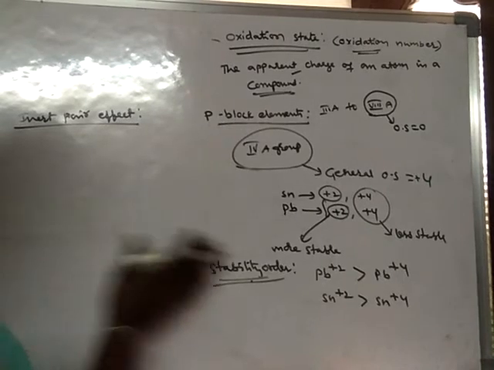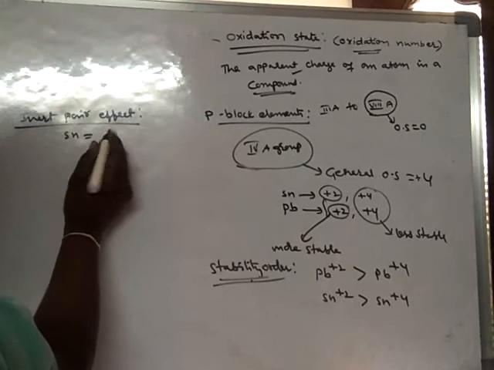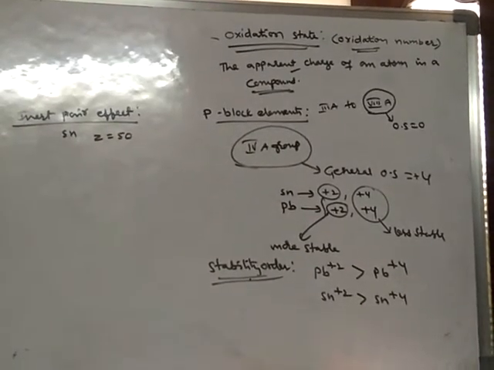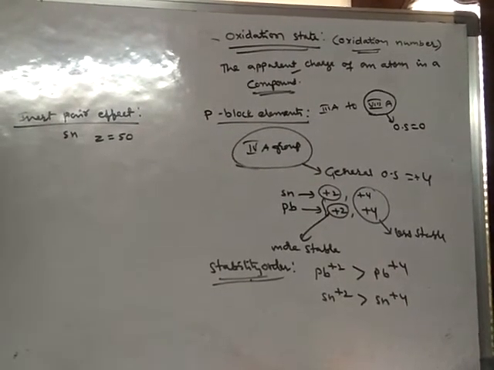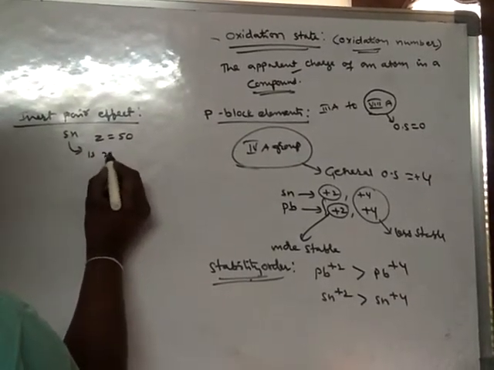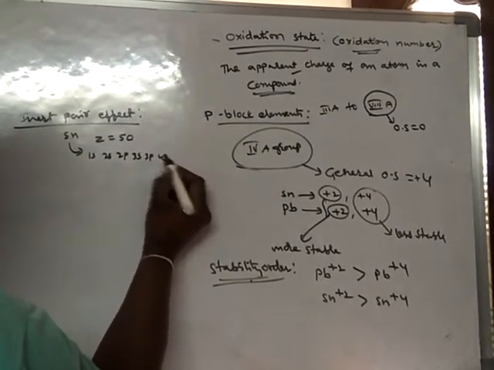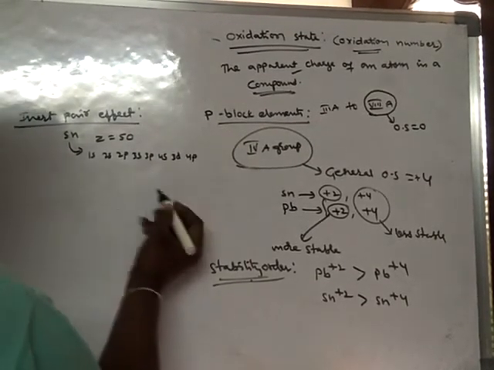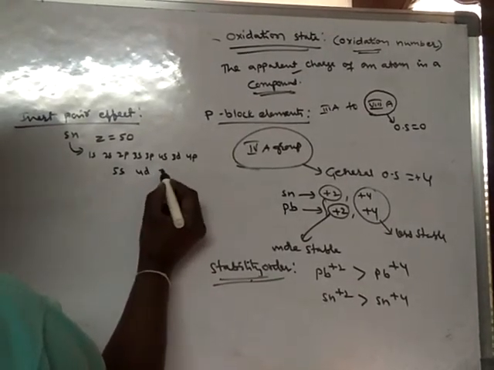If you take an example, lead or else tin, what is its atomic number? The atomic number of tin is 50. Its configuration is 1s, 2s 2p, 3s 3p, 4s, 3d, 4p, next 5s, 4d, 5p.